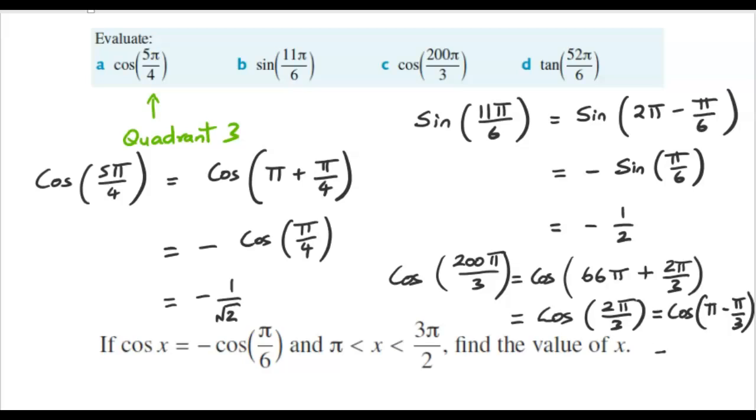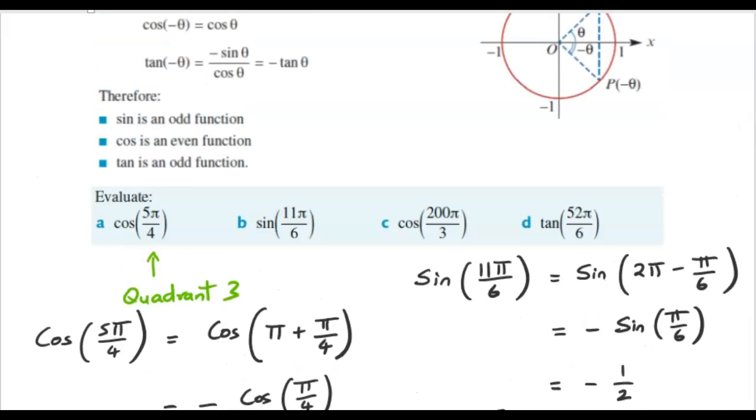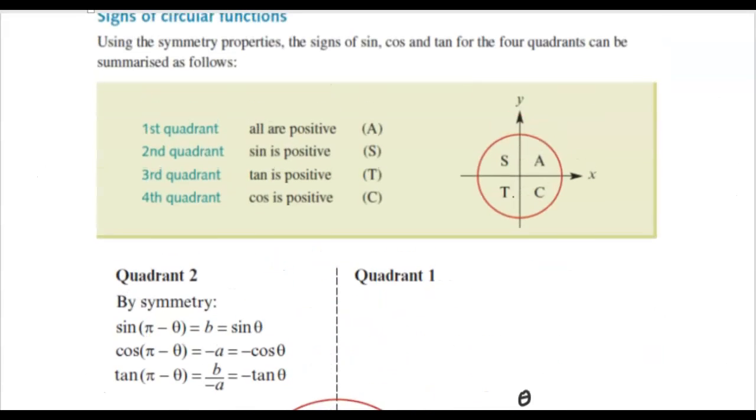So therefore, this answer is going to be minus of cos pi on 3, and cos pi on 3 is square root 3 on 2, right? So ultimately what we try and do is we try and relate the angle to an angle in the first quadrant. Then we have a look at the 4 quadrants. In specific, we have a look at CAST and determine whether the answer is going to be a positive answer or a negative number. Alright?